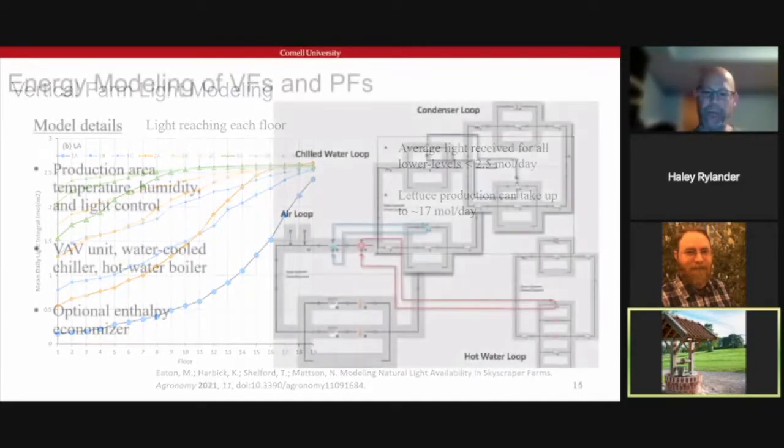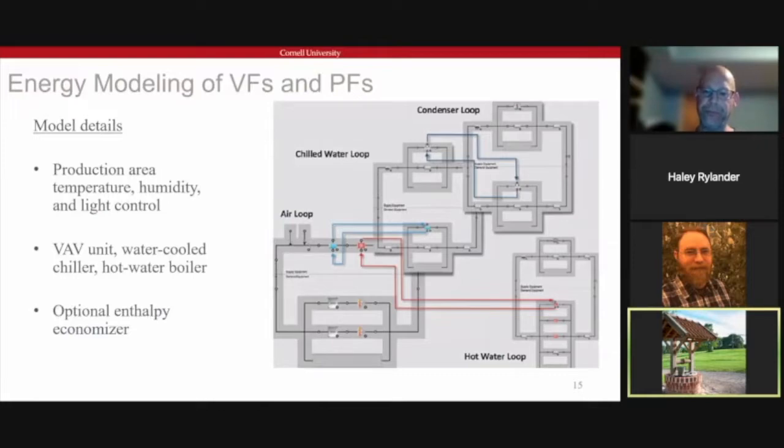Next, we wanted to look at how this fits into the total energy picture of vertical farms or plant factories. To do this, we have to model the thermal fluid systems involved in controlling the environment. The production area will likely control the temperature, humidity, light, and potentially CO2, and to do this, you need an HVAC system.